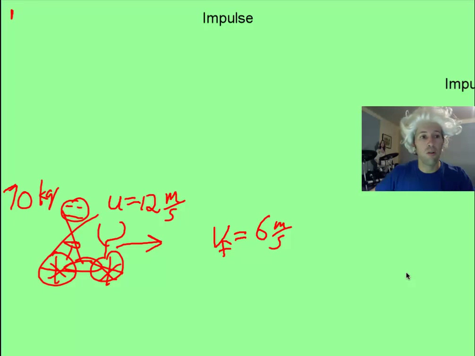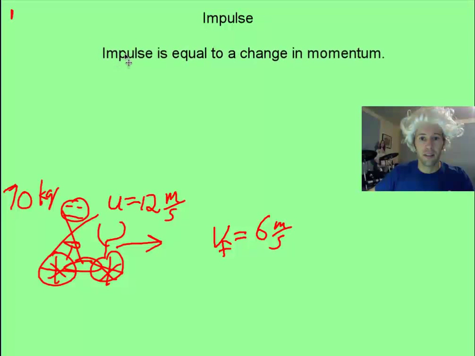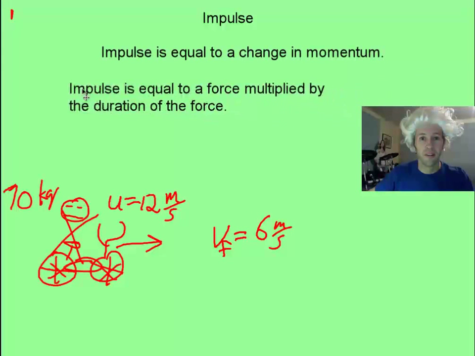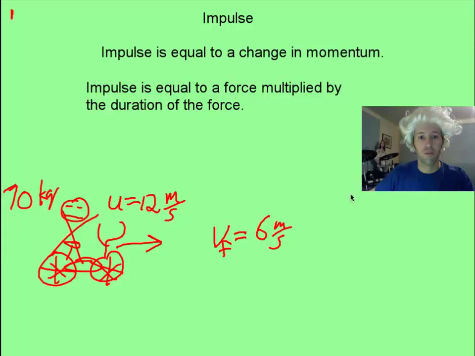You also need to know and write down the definition of impulse, which is quite easy. It is simply the change in your momentum. You can also define it by its equation, which is just force multiplied by the time that you are applying that force. You can write it in a number of different ways.